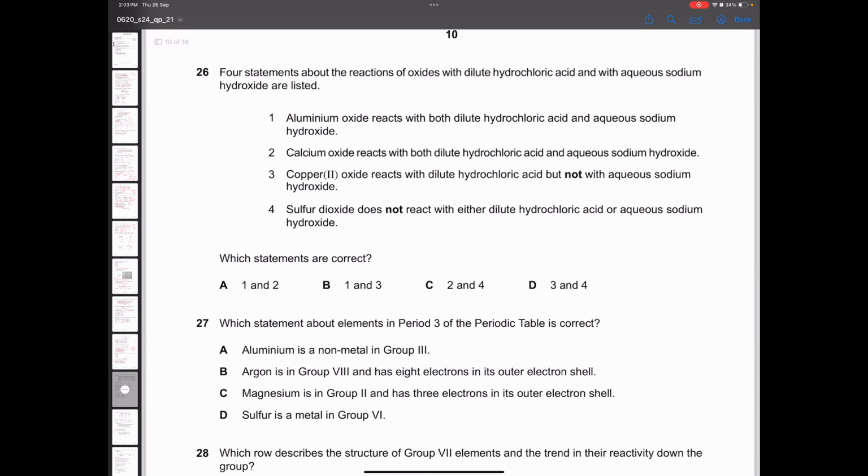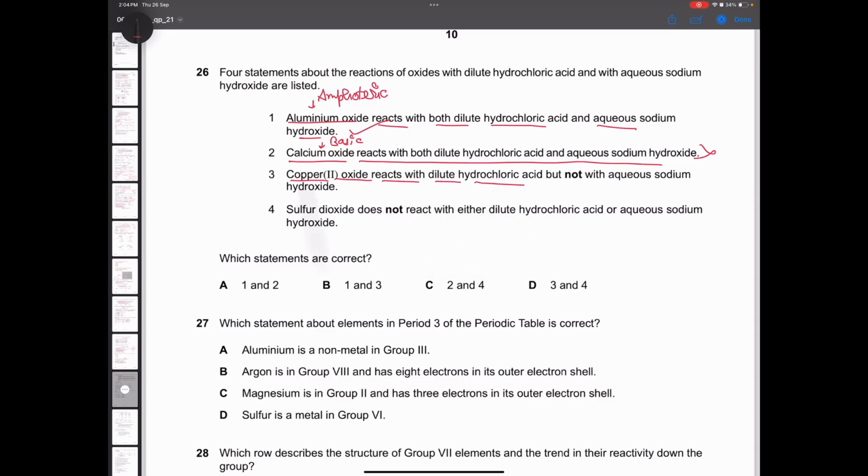4 statements are given. Alright, let's check the statements. Aluminium oxide, it is an amphoteric oxide. So it can react with both acids and bases. So it reacts with both acid and the base. Yes, this is correct. Calcium oxide is a metal oxide which is only basic in nature. So it reacts with both. No, incorrect. Copper oxide reacts with dilute hydrochloric acid.